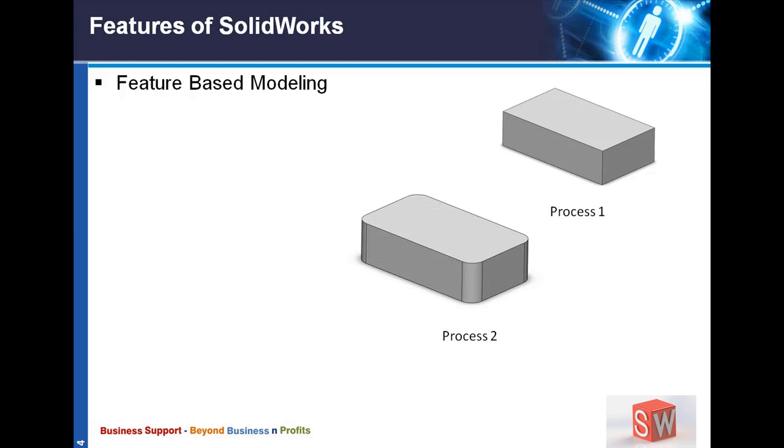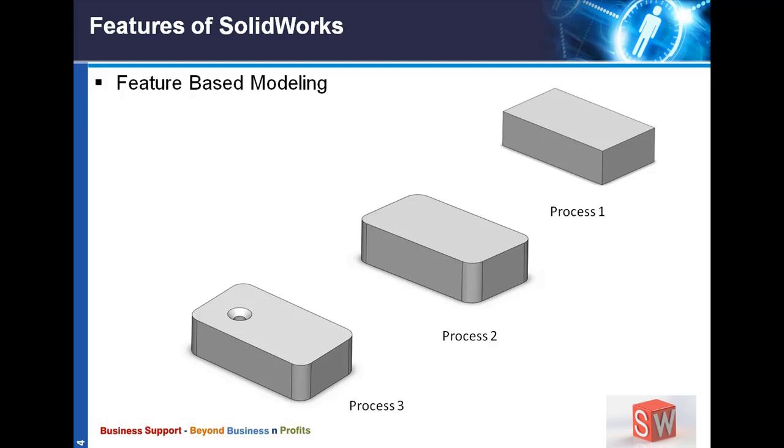The first one is feature based modeling, which is common in most modeling applications. What do you mean by feature based modeling? Just look into these images, process 1, process 2 and process 3. Here we are going to create a block with a hole, and the 4 corners have to be blended.